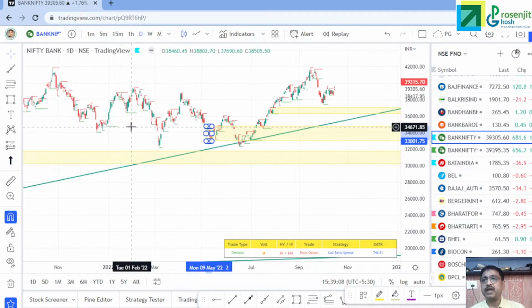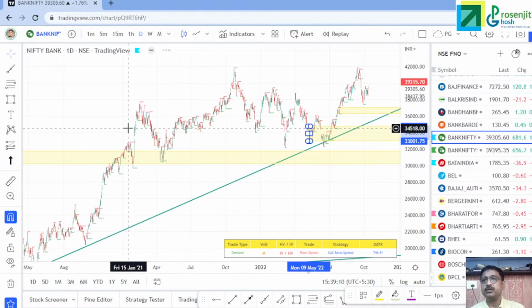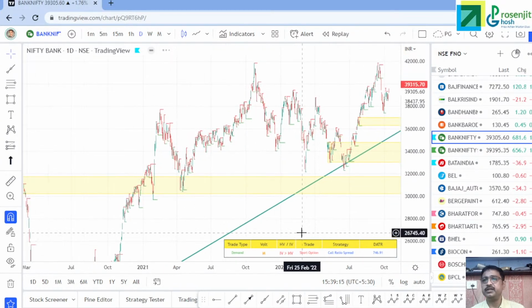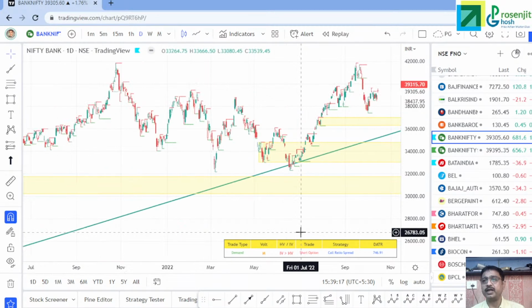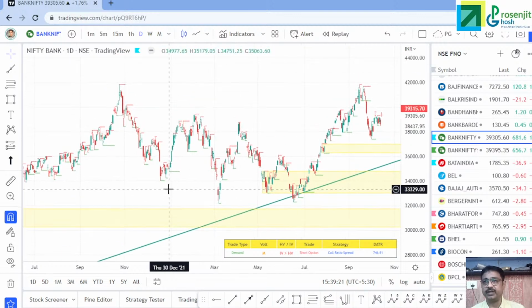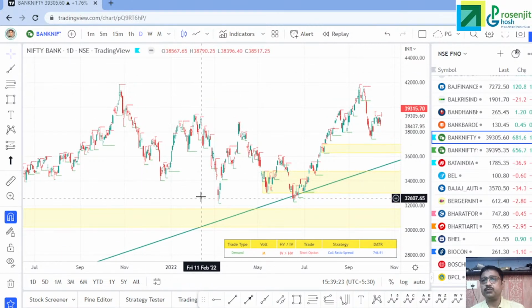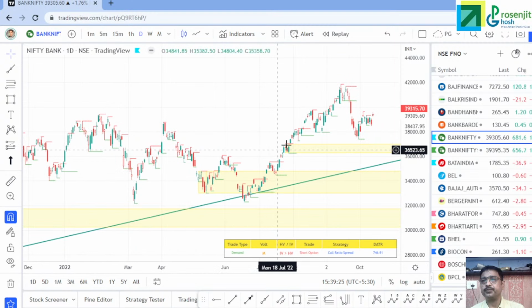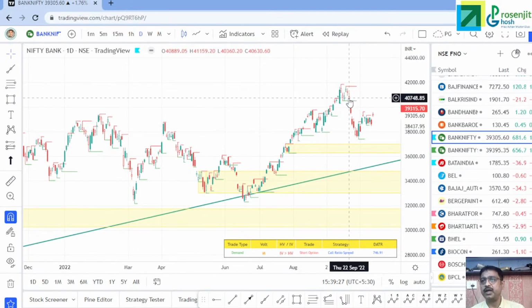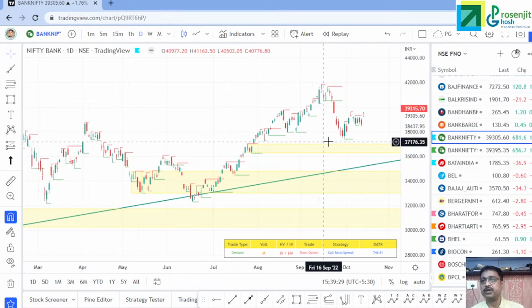Then I decided to go to the daily chart, because I need some trades which can happen this week or maybe next week. And what I see is that price has moved up and price has come down.